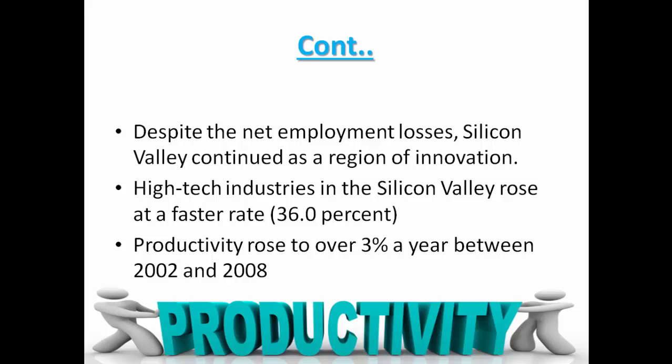The average wages for high-tech industries in Silicon Valley rose at a faster rate of 36% than those of all Silicon Valley industries, which grew by 21.7%, and those of the United States, which grew by 25.5%.